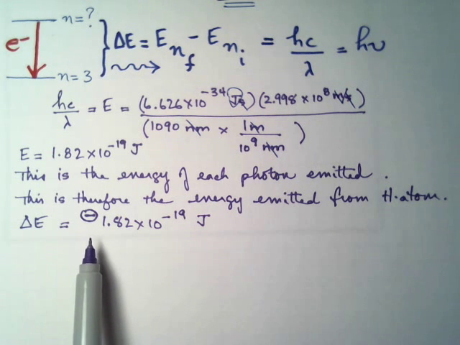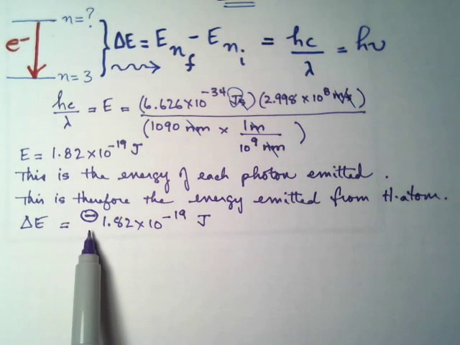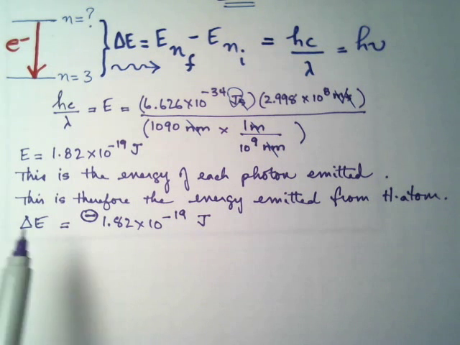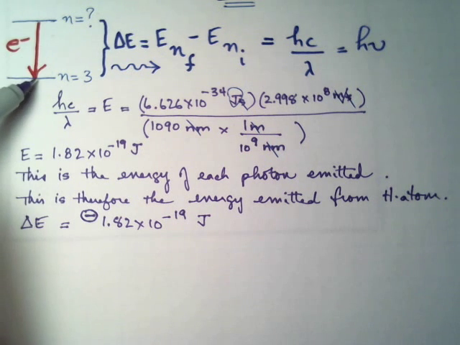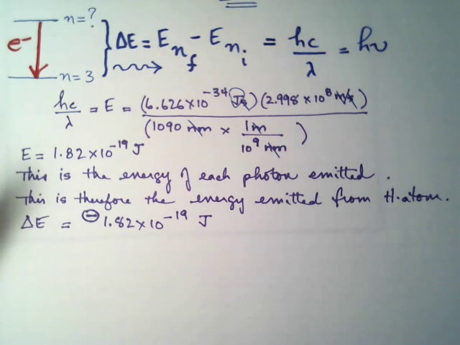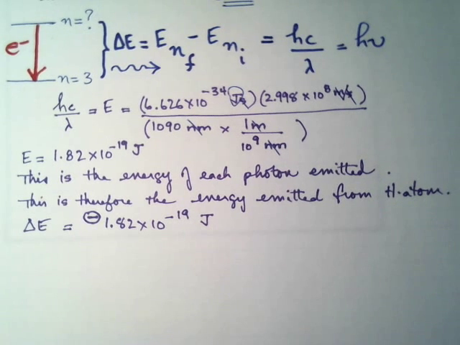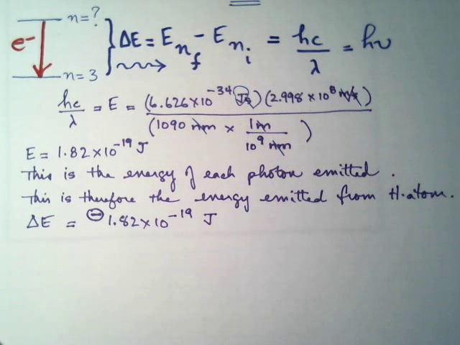Think of what we said on the last question, that the change in energy is negative because it's being released, it's leaving the atom as light. And I know that a lower energy minus a higher energy, that difference is going to have a negative value. Okay, so that's why I'm putting that negative sign on there.